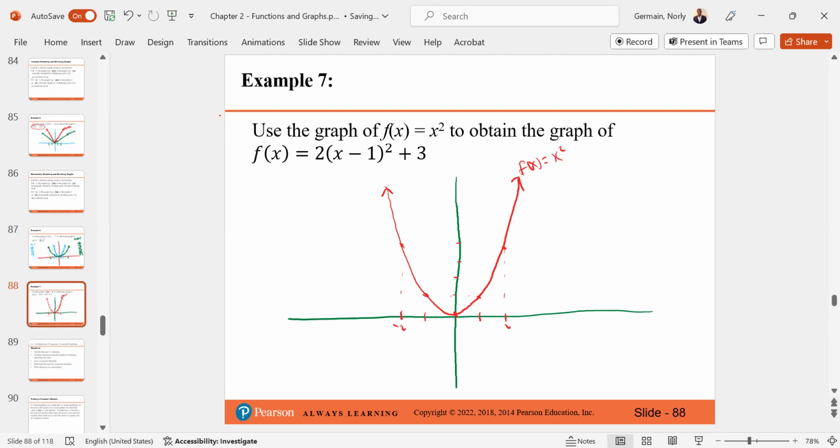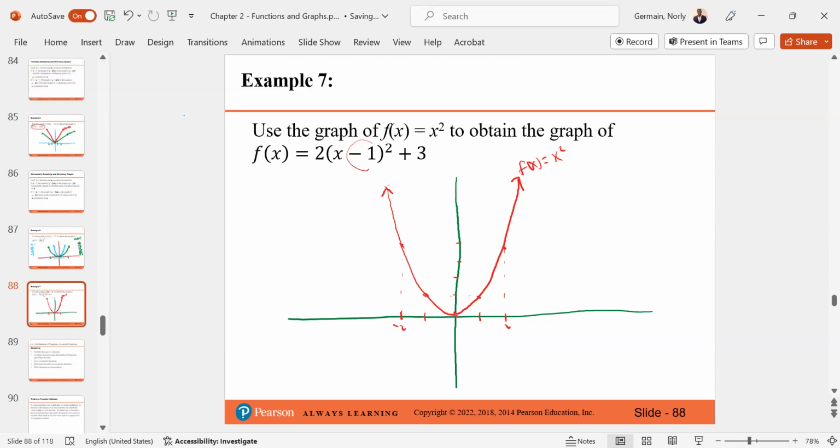You can construct a table to find those numbers, or what I can do is shift it 1 unit, because remember we said if it's negative, you shift 1 unit to the right.